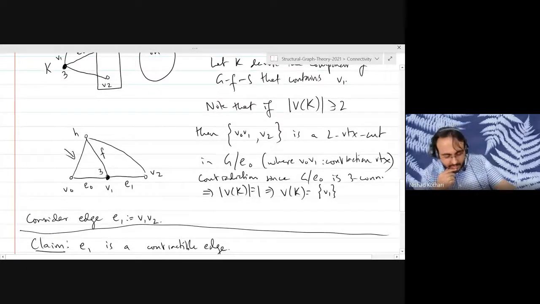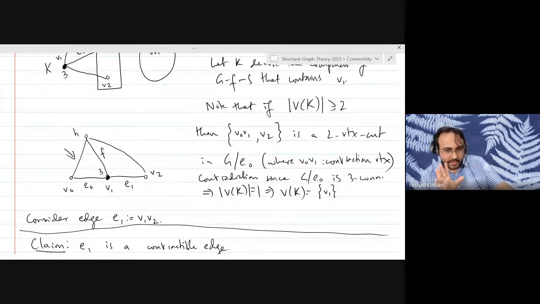You see, this is starting to look like a wheel, but it's not a wheel. It would become a wheel in this case if we put one edge between V0 and V2, but we don't have that edge right now. So this is not a wheel, but it's kind of like a wheel. Okay? So we are going to call this structure a partial wheel.